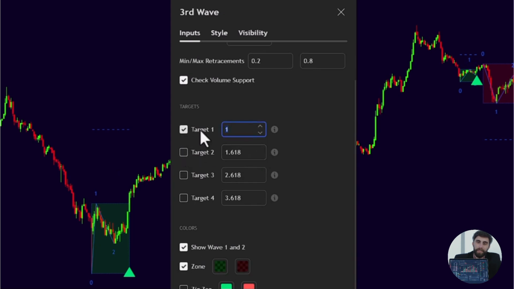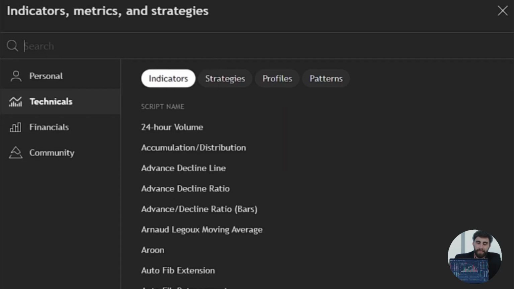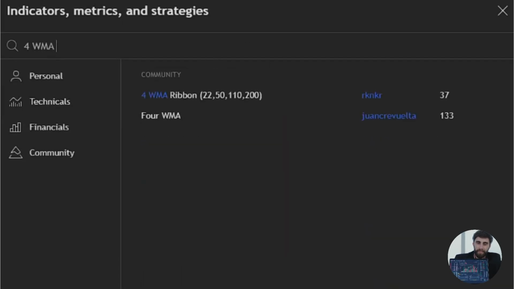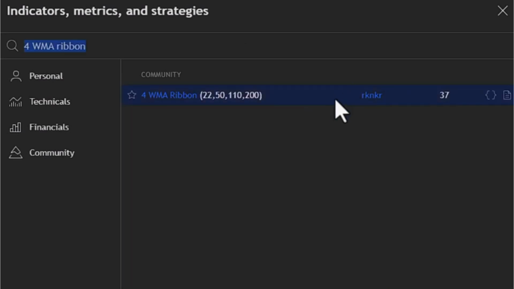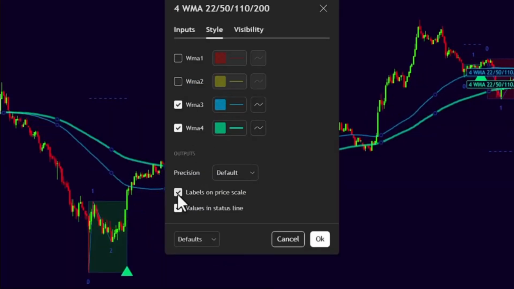Alright, now that we've set up the third wave indicator, we need a trend detection tool to make sure we're trading in the right direction. Go back to the indicator section and search for the 4W ribbon indicator. Add this to your chart and tweak the settings as follows. In the style tab, disable W1 and W2.